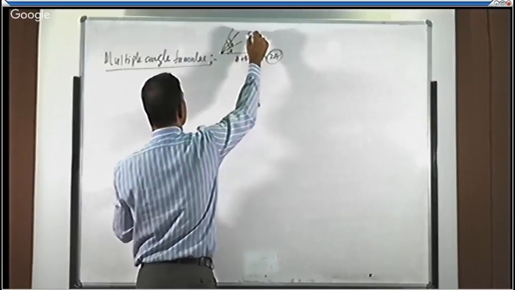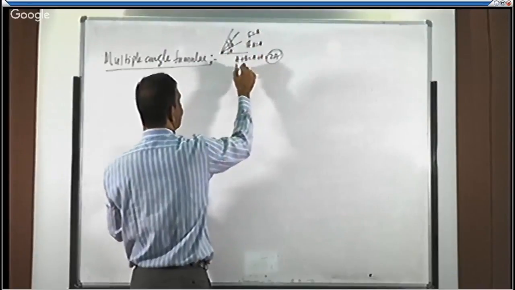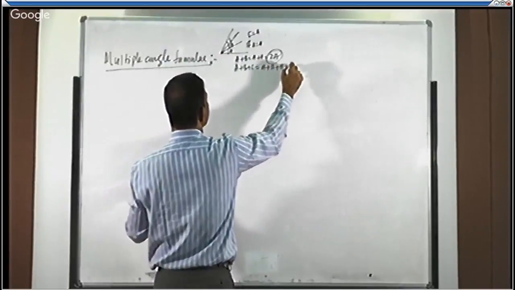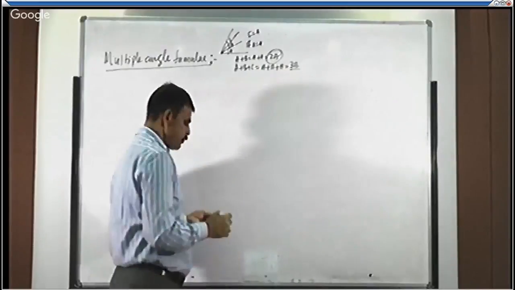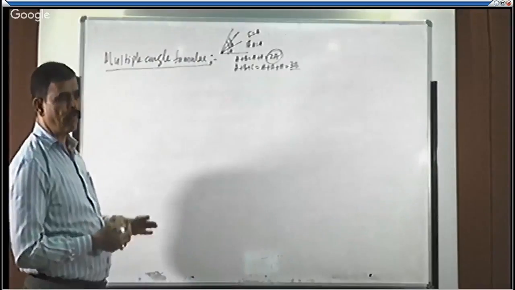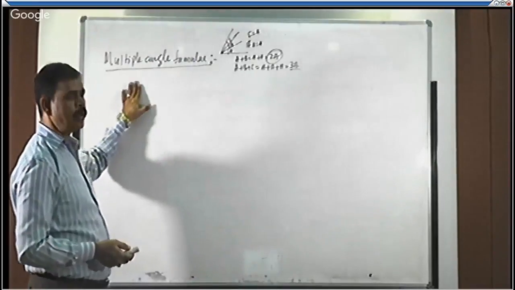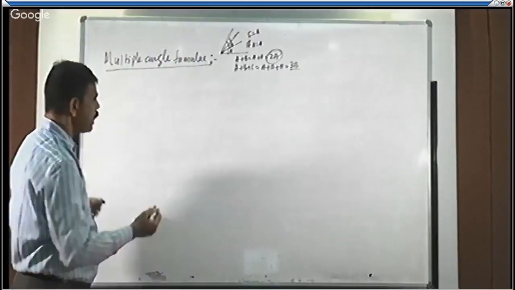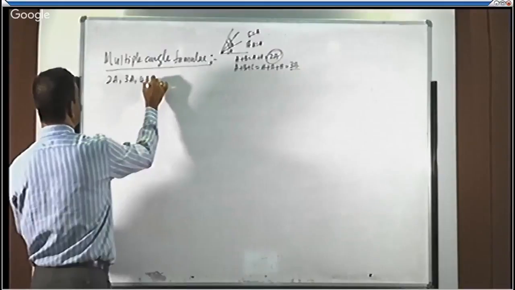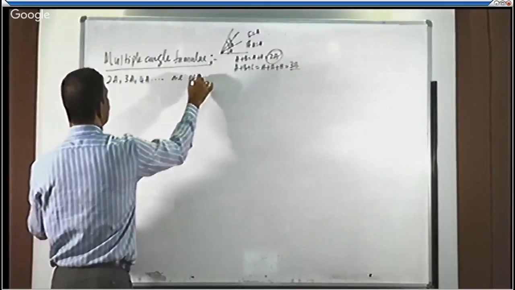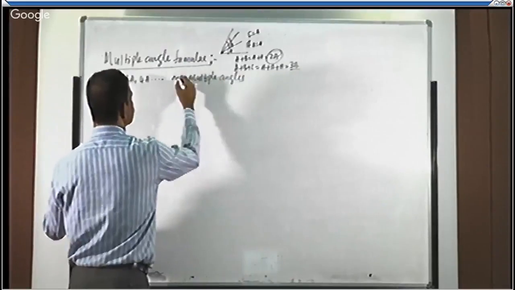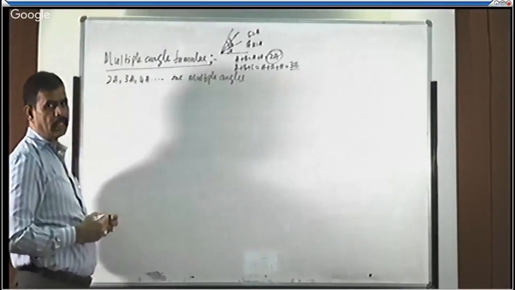Suppose C is also equal to A, then total angle is what? A plus B plus C, which is equal to A plus A plus A, which is 3A. Hence, this type of angles 2A, 3A, 4A, etc. will be called multiple angles.